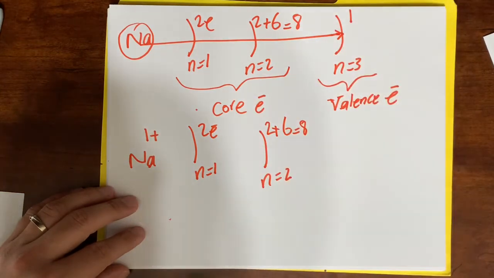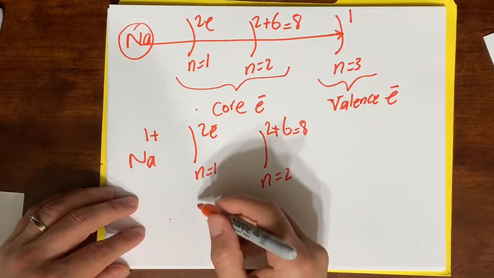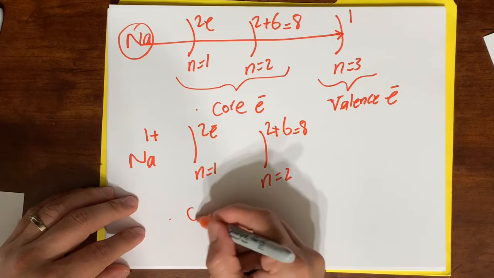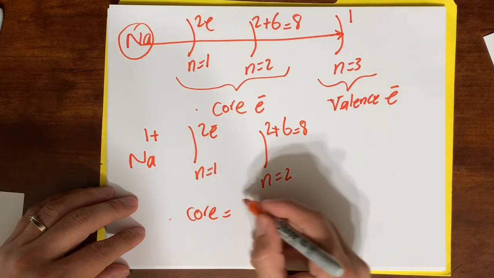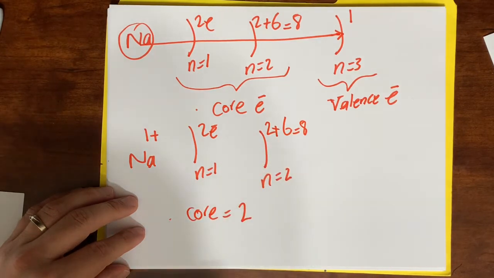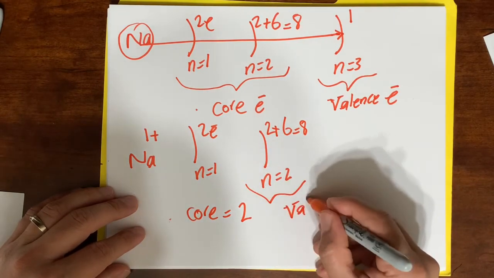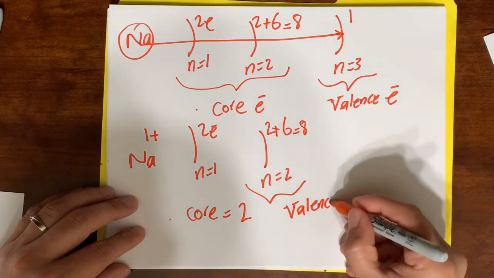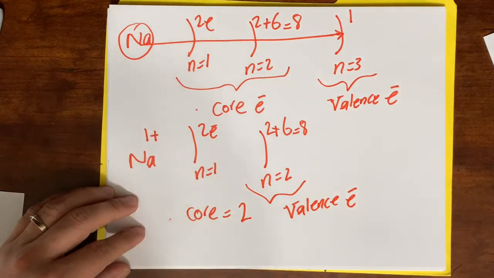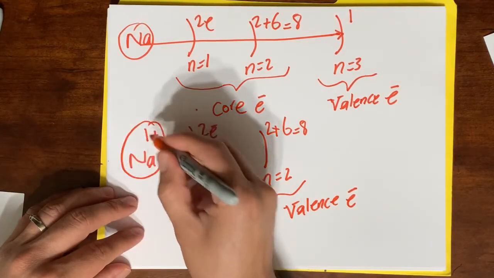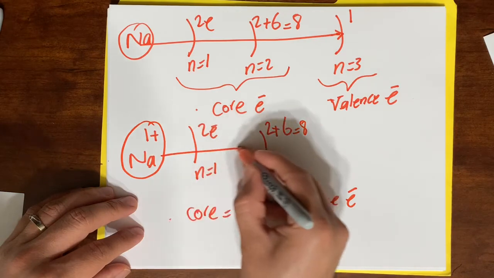So now let's check the core electrons. Core electrons, only 2. That one will be the valence electrons. Check the size from the nucleus to the last layer.